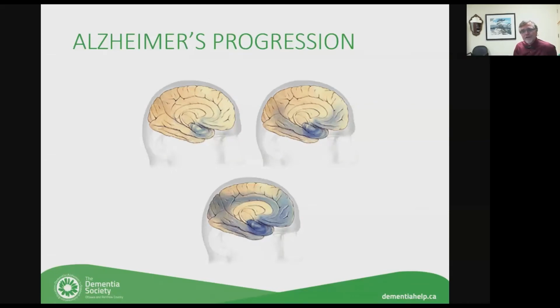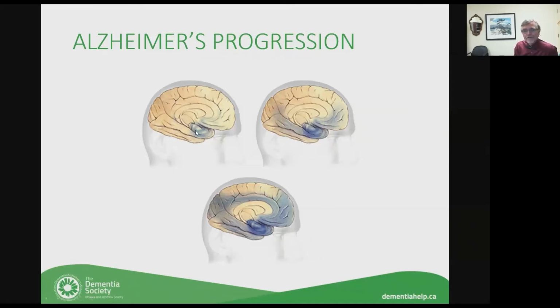So this picture tries to show how the disease progresses over time in the brain. So if you recall, this is the temporal lobe, and we're only looking at it from the outside, but if we were looking at it from the inside, we'd know that that's where the hippocampus is. And you see that the biggest blue, and blue is the stain that's showing up the damaged part of the brain.